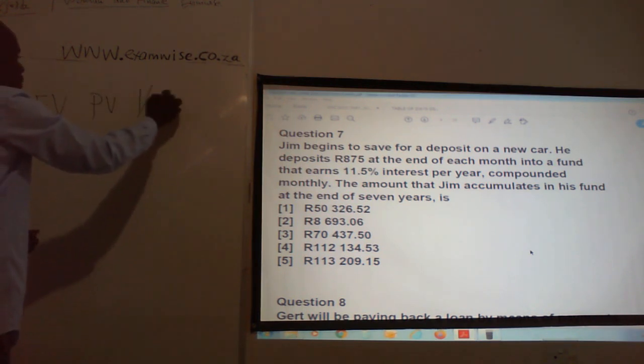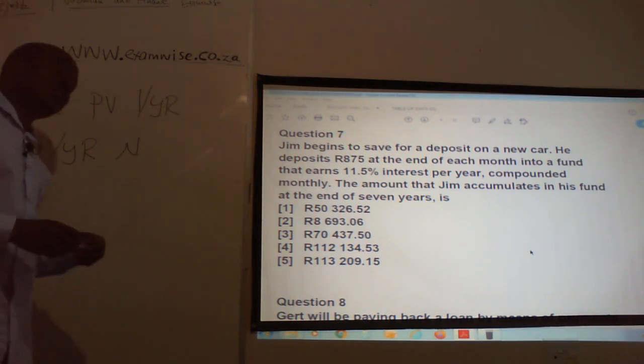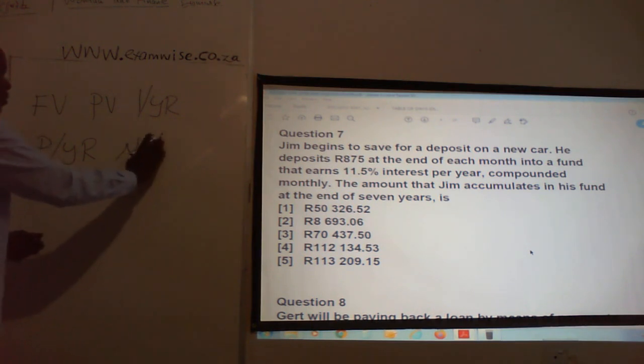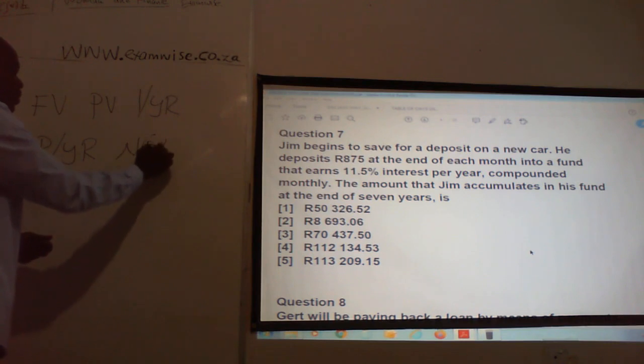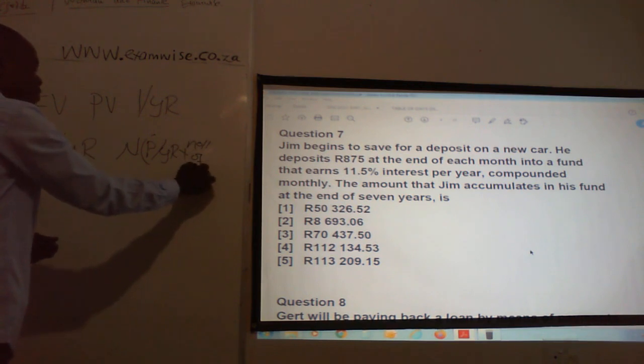We have I/YR, we also have P/YR, and we also have our N, where FV is future value, PV is present value, I/YR is our interest rate, P/YR is the number of times interest is compounded per annum, and N, we said if interest is compounded more than once per annum, then our N will be the number of compounding periods per annum, which is P/YR, multiplied by the number of years.